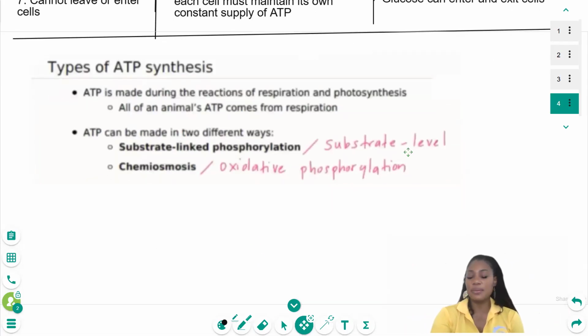So I'm going to ask you to go ahead and see how we make the ATP. We're going to get into both of these processes, starting off with the substrate-linked technique.